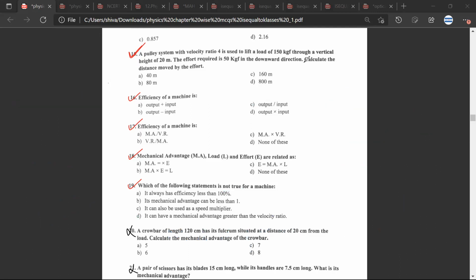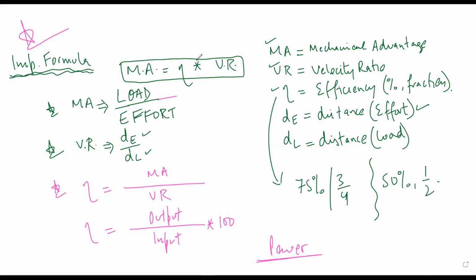Another thing we need to be very clear about in numericals is this important point: if a machine's efficiency is less than 100%, the VR will never change.